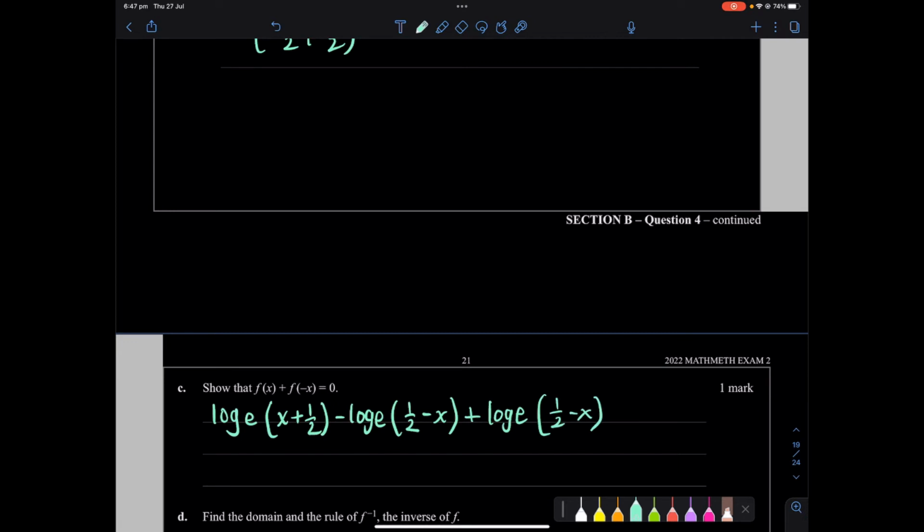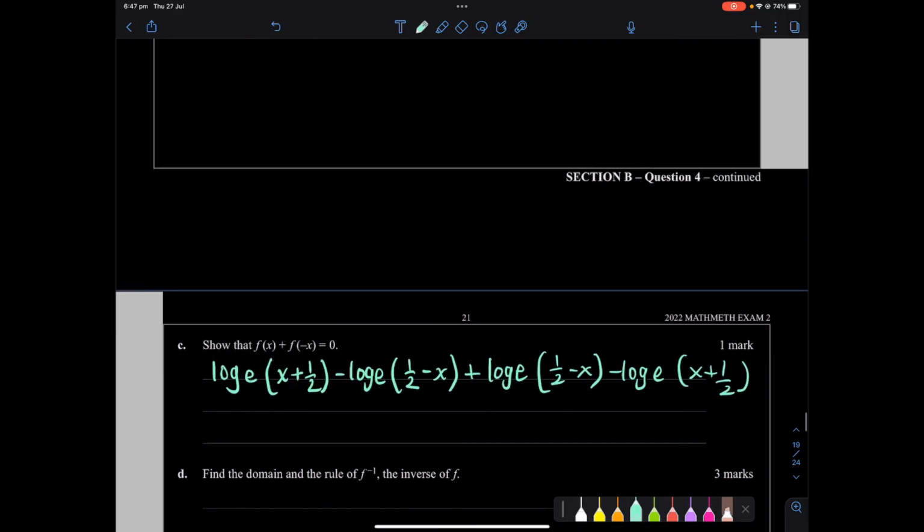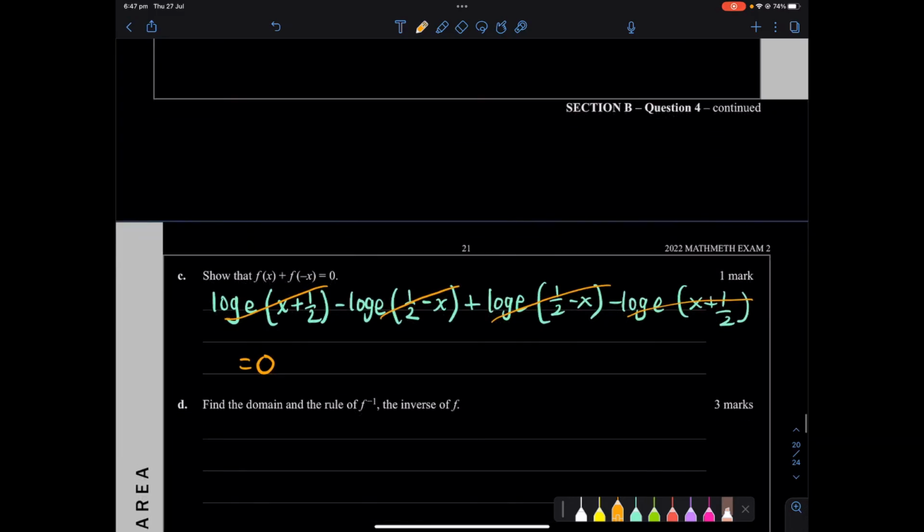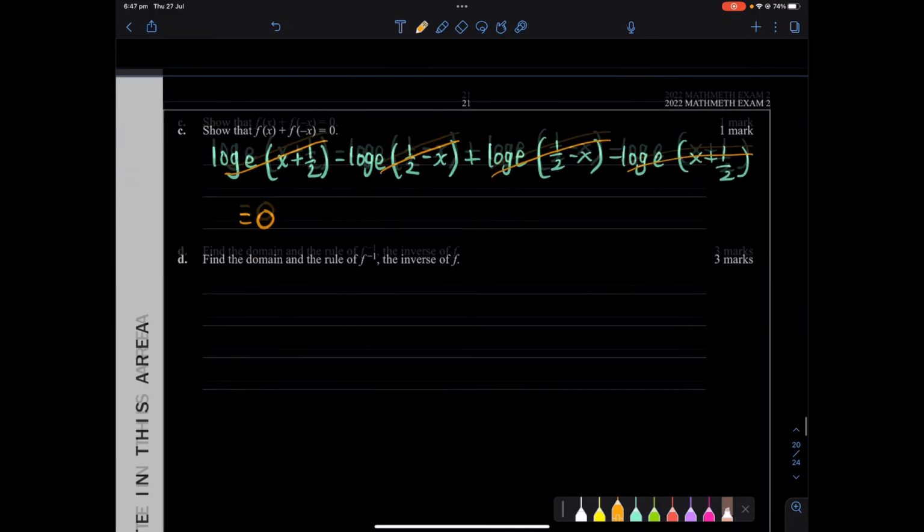If we put a negative, it'll be negative log e of x plus half. So these cancel out, and also these cancel out. So it's equal to 0. I think that should give you the mark.